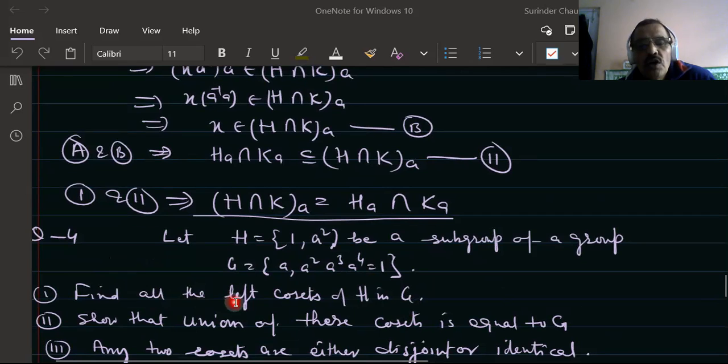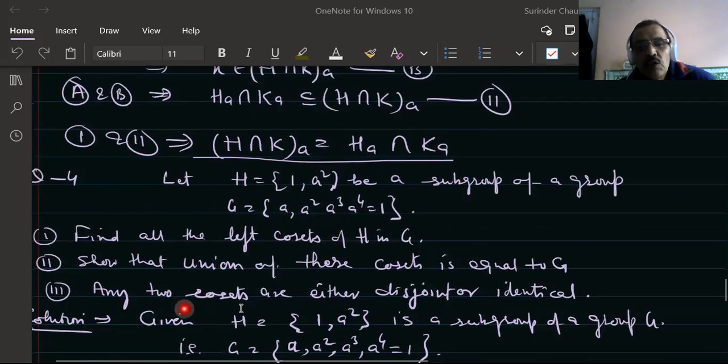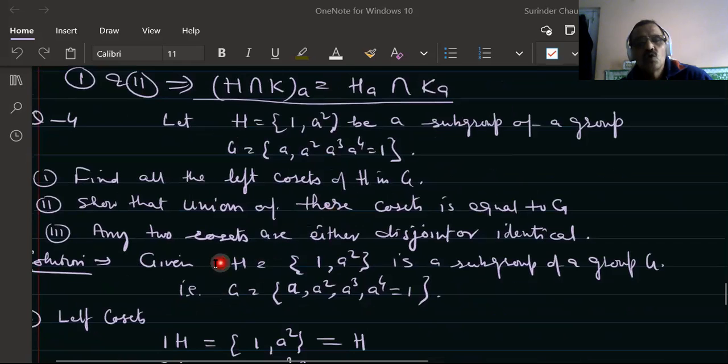Find all the left cosets of H in G. Show that the union of these cosets is equal to G, and any two cosets are either disjoint or equal. We have to show three things. Taking this example, H is given as two elements, 1 and A square, a subgroup of G, and G is given having four elements, A, A square, A cube, with A to the 4 equal to 1.